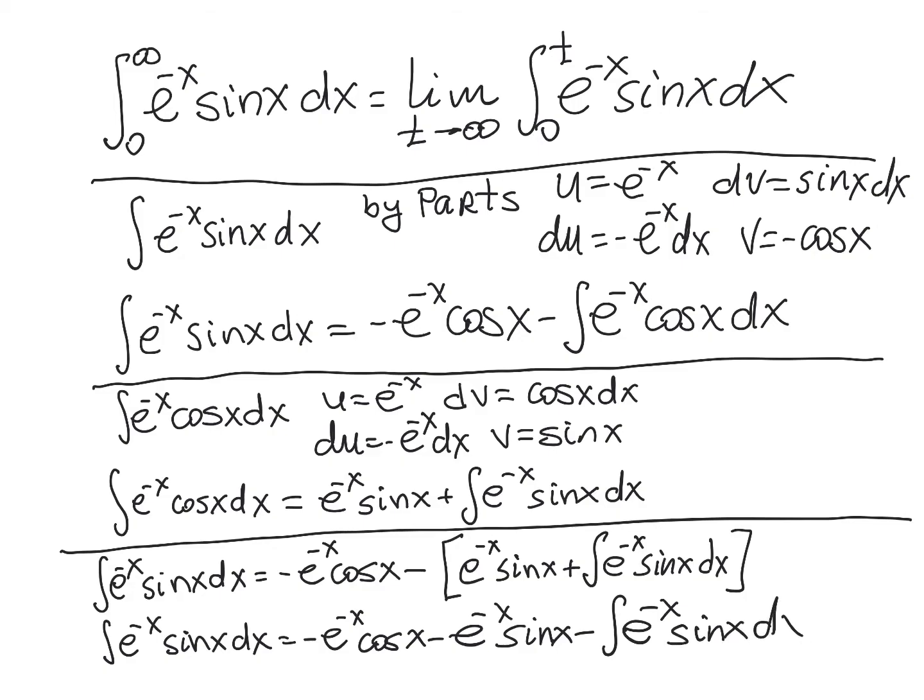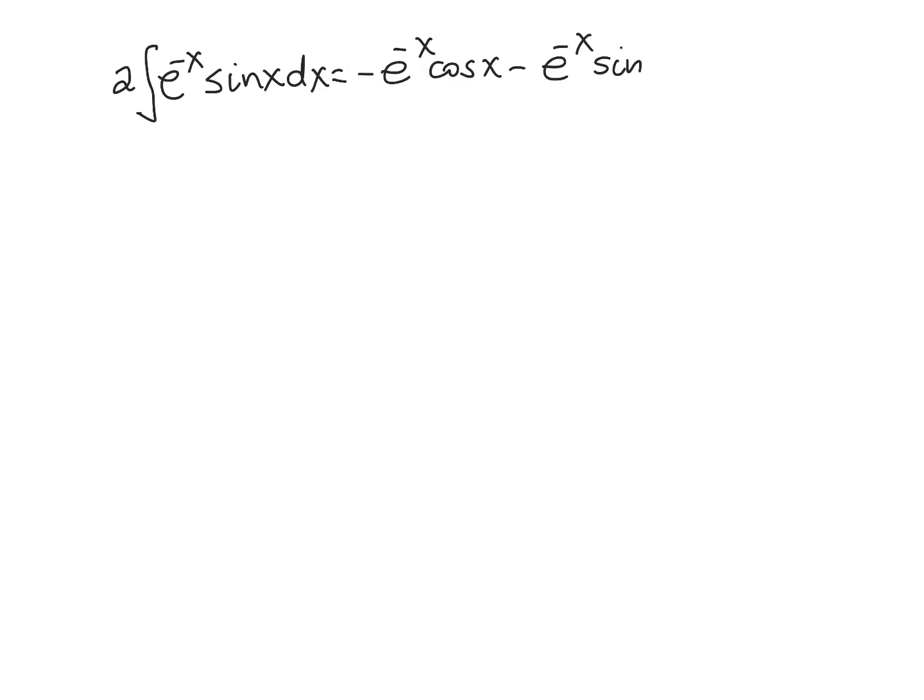Now we're going to take the integral on the right with a minus sign, move it over to the left, so it'll be plus. Two of those integrals added together gives us 2 times the integral of e to the negative x sine x dx equals negative e to the negative x cosine x minus e to the negative x sine x.